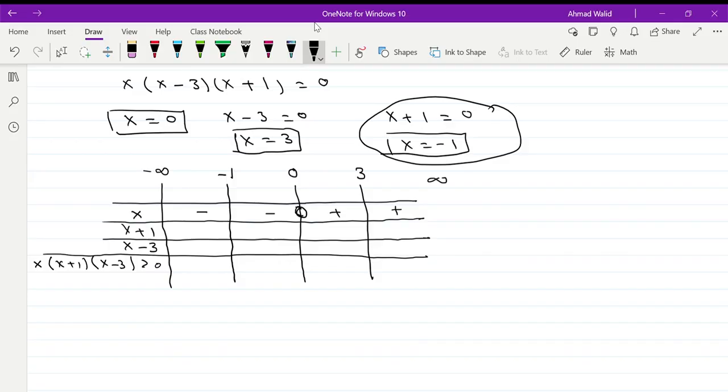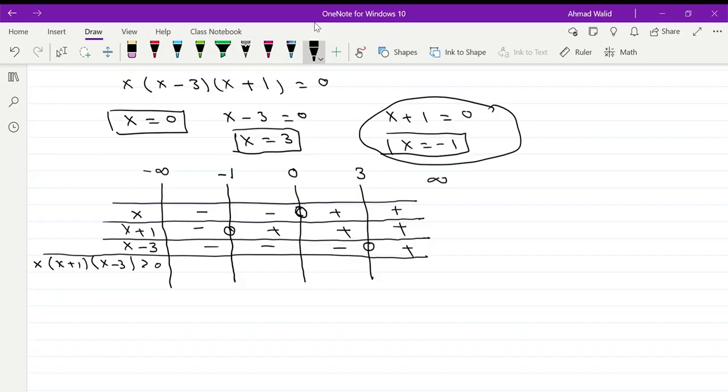At negative 1. Left negative, right positive. And at what number x minus 3 becomes 0? Of course, it's 3. Left negative, right positive. This table avoids test points. Correct? That's why it's an easy way to deal with.